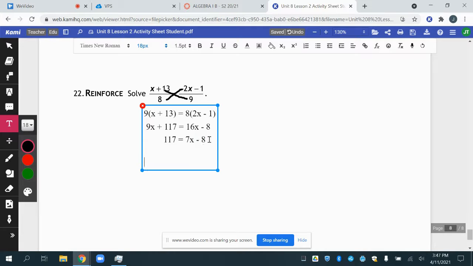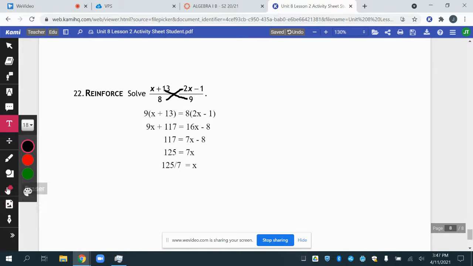So that'll get rid of the 8 on the right side, but this side's going to get 8 bigger, so it's going to be 125. Added 8. And then I divide by 7 and I get 125 divided by 7 equals x.